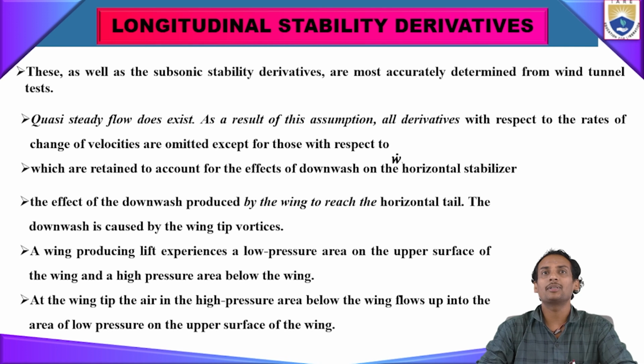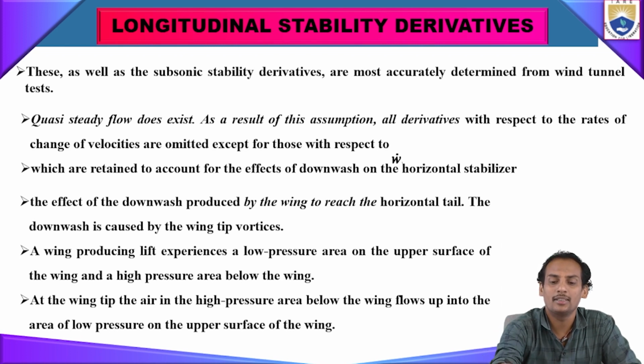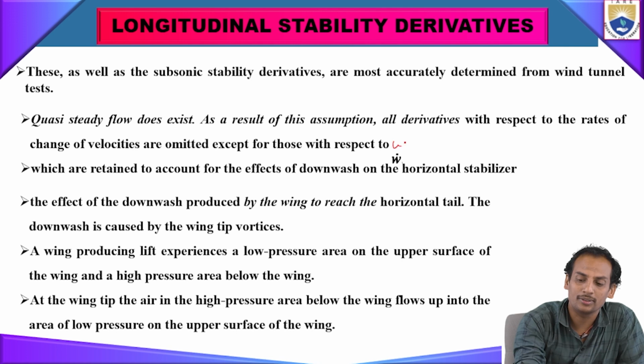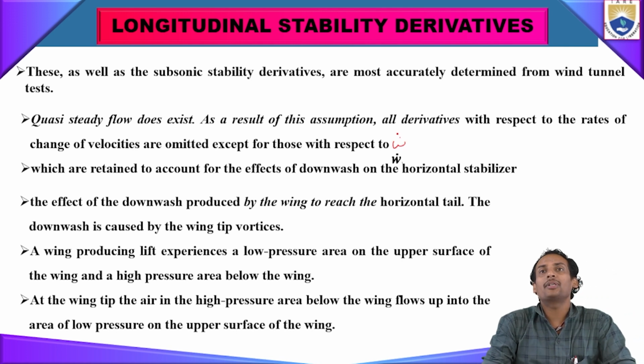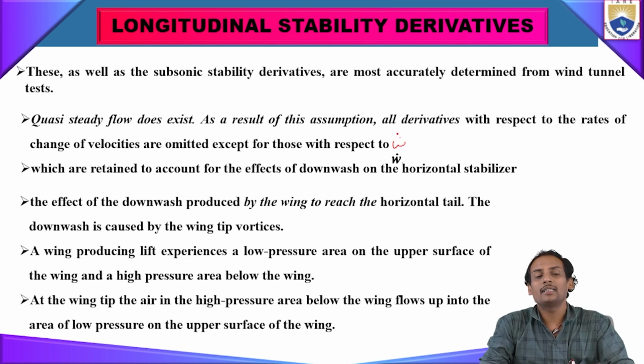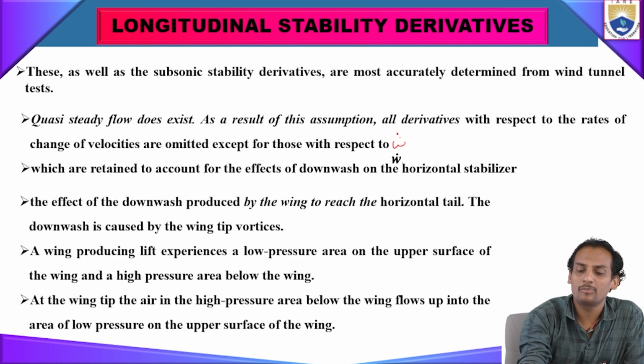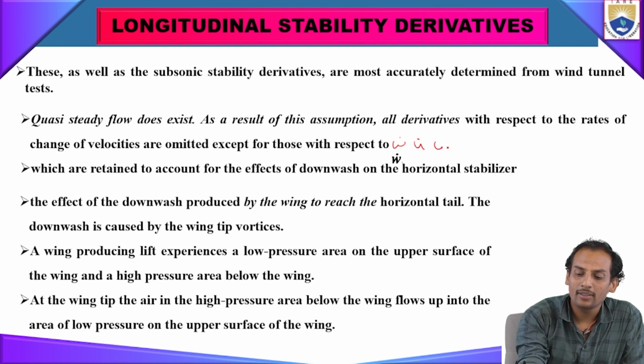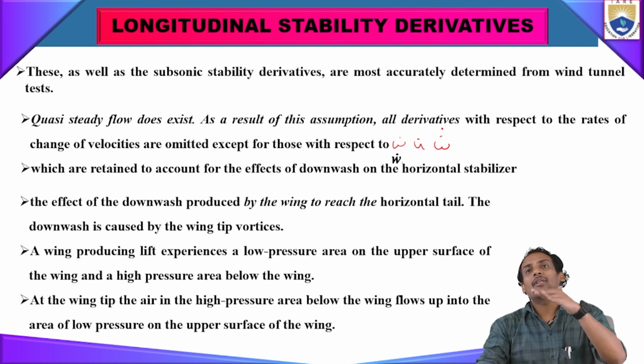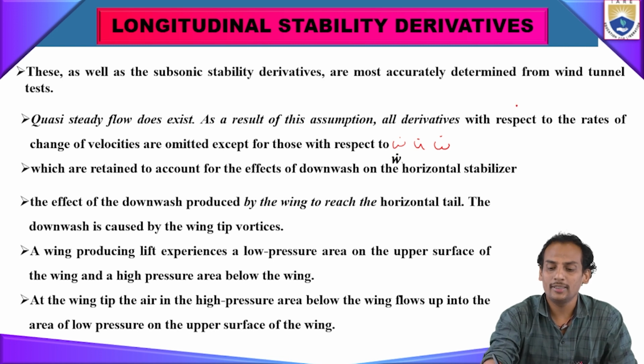The derivatives with respect to rate of change of velocities are omitted, except those with respect to W naught. Sorry, it is misplaced. So what does W naught mean? We already said the changes we are considering in the stability derivatives will be U naught and W naught.